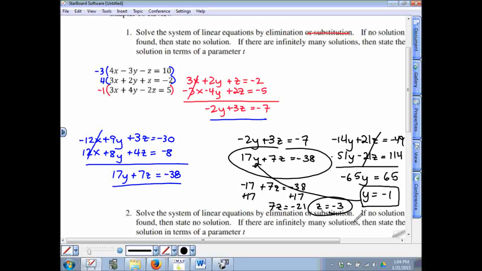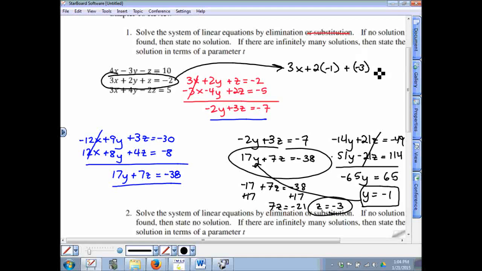Now you're going to want to go back up to the original equations and choose one of them, plug in z and y, and solve for x. So middle equation here, for example, 3x plus 2 times y, where y equals -1, plus z equals -2. So 2 times -1 is -2.